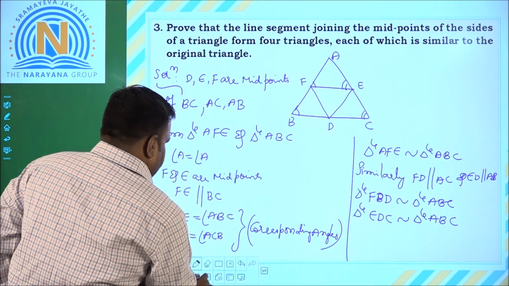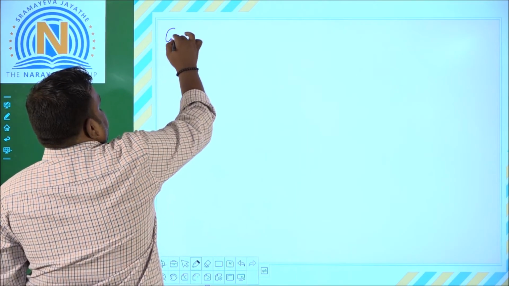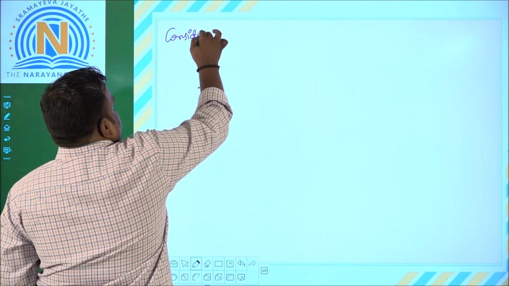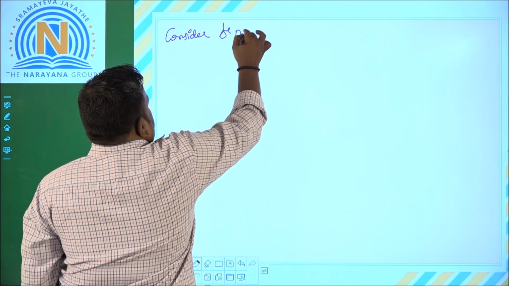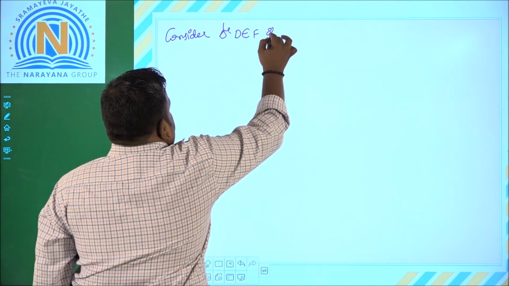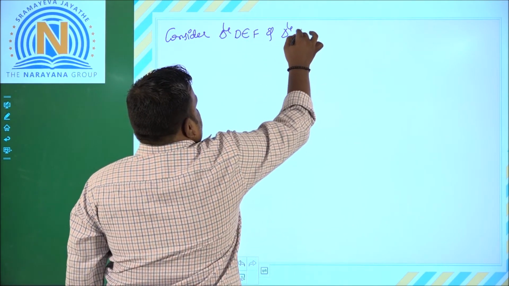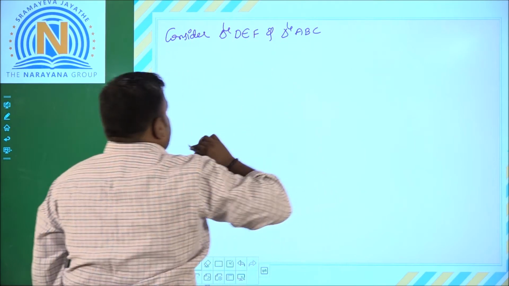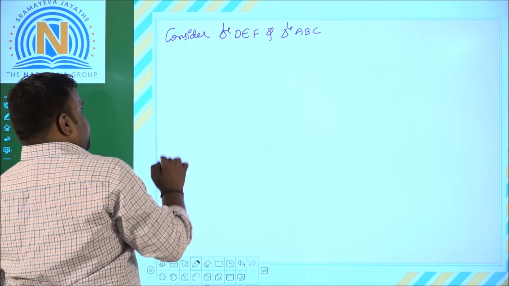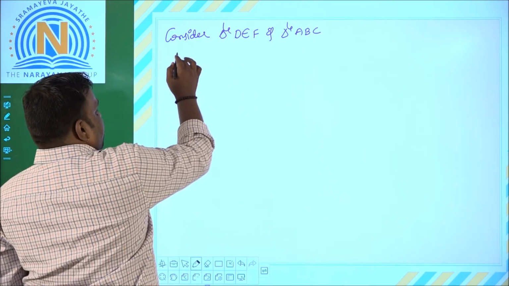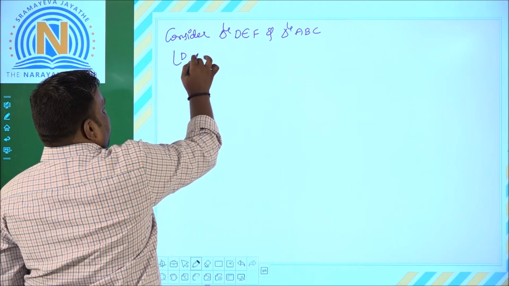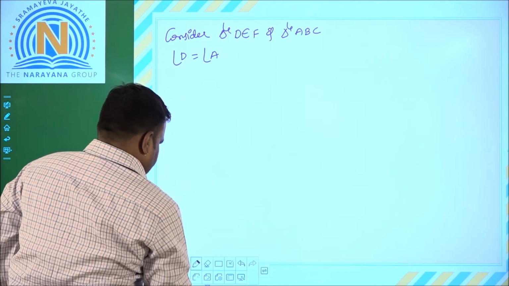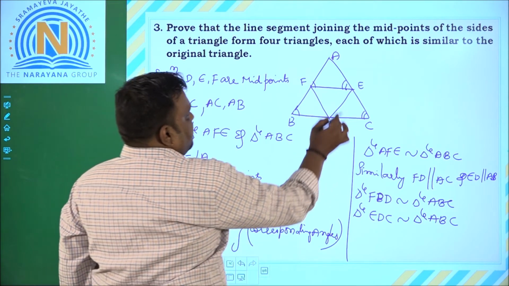Now consider triangle DEF and triangle ABC. If you consider these two triangles, we can observe clearly that angle D is equal to angle A. Why is angle D equal to angle A?